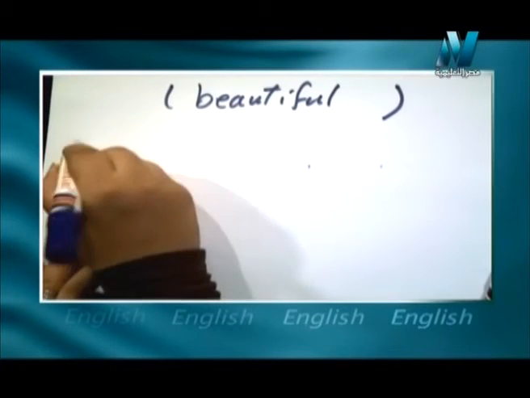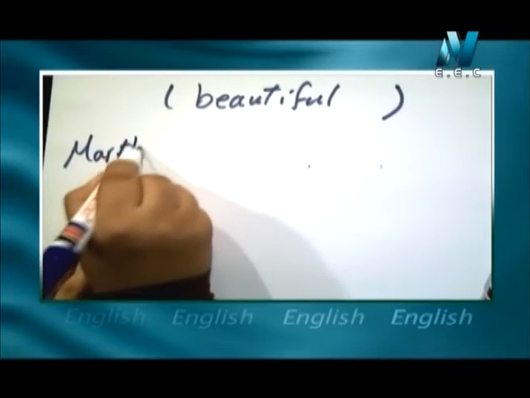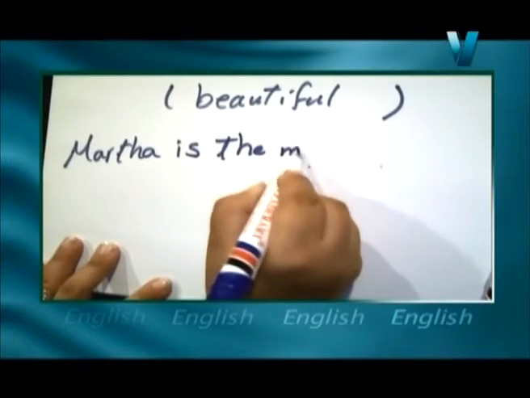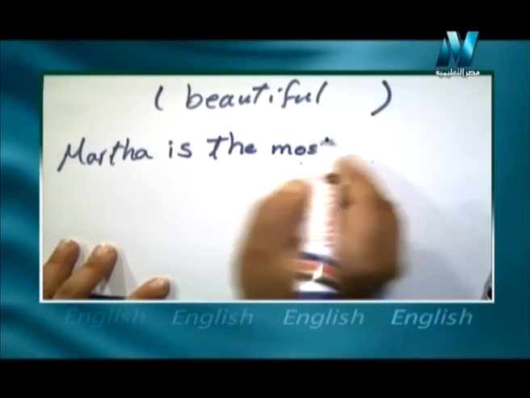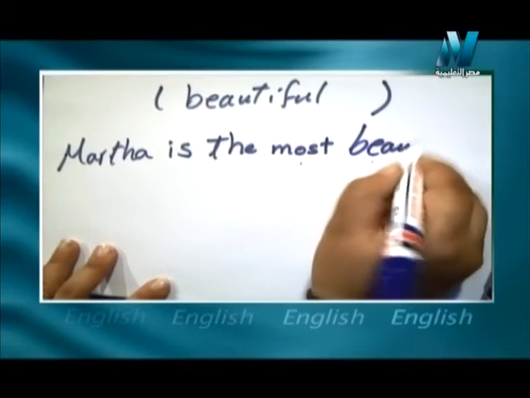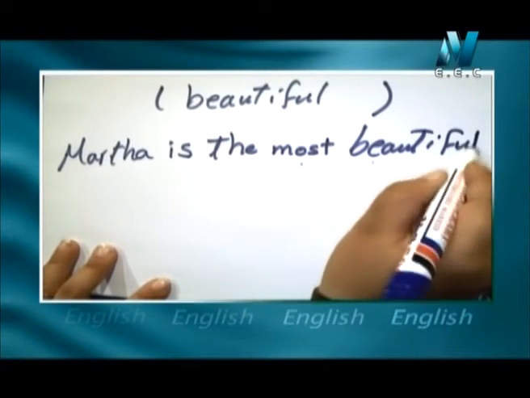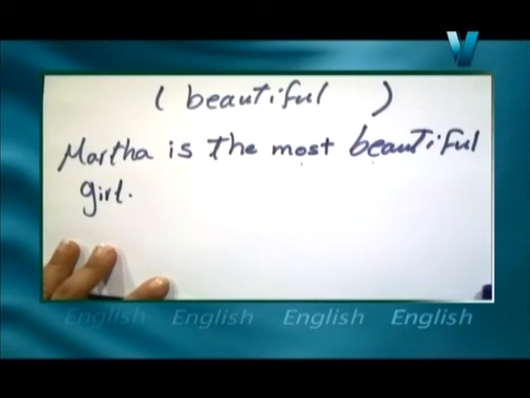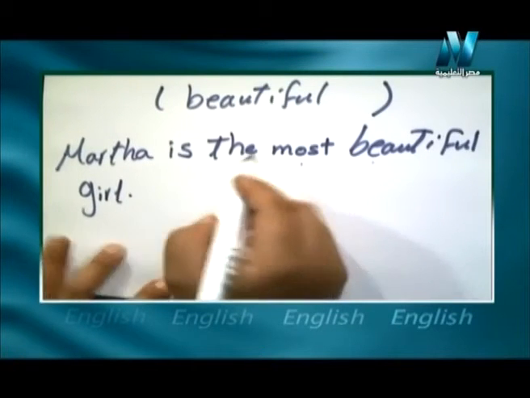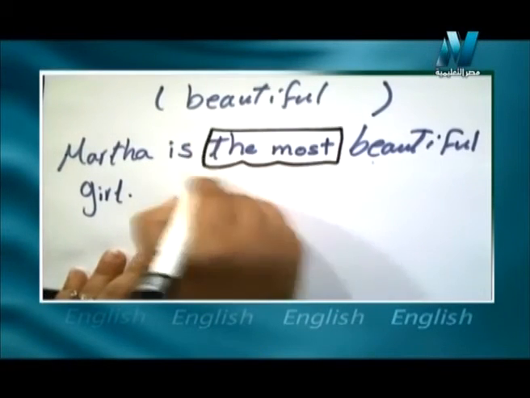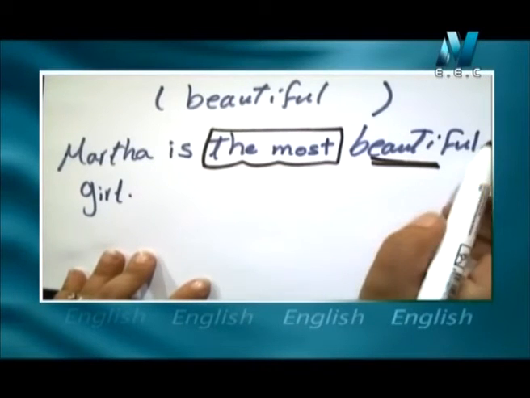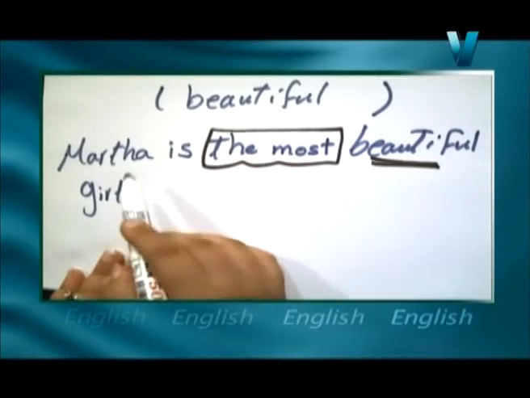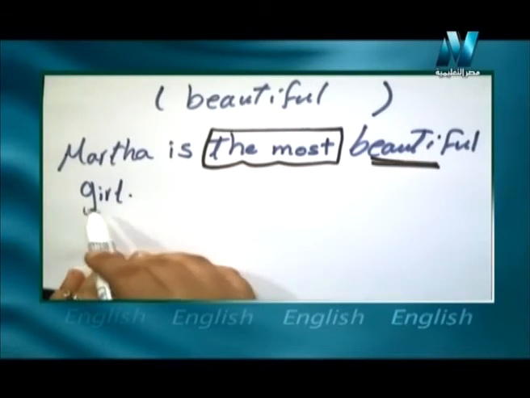So I will say, Martha is the most beautiful girl. Here I will put the most and then the adjective. I will not put est after the adjective. It's already long. Martha is the most beautiful girl.